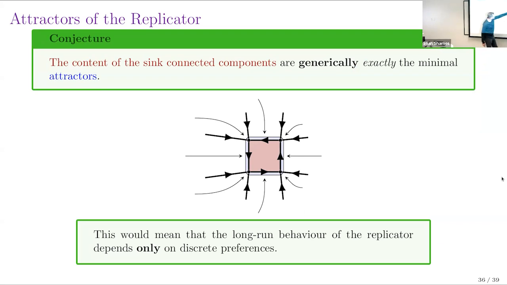I say generically exactly, because we have found one weird counterexample, which if we perturb it a tiny bit, the counterexample goes away. So that's why it's a generic statement. Almost everywhere else, we haven't been able to find a counterexample. What it really means is that at least the long-run behavior of the replicator depends on the discrete preferences alone.